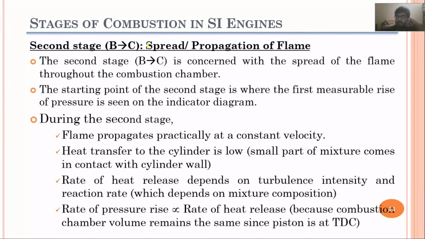The second stage was the spread or propagation of the flame, and you can see that the rapid pressure rise has occurred in this second stage. The second stage is concerned with the spread of the flame throughout the combustion chamber. Its starting point is where the first measurable pressure rise is seen in the indicator diagram.